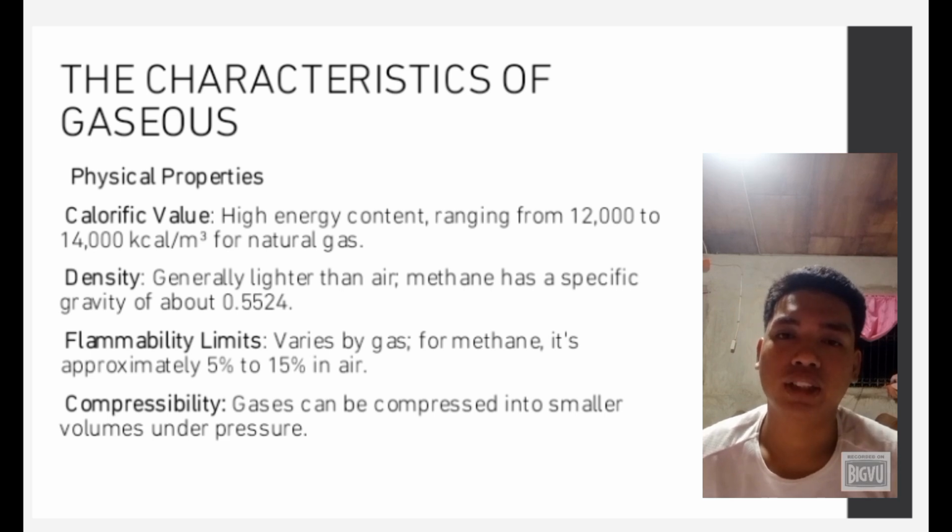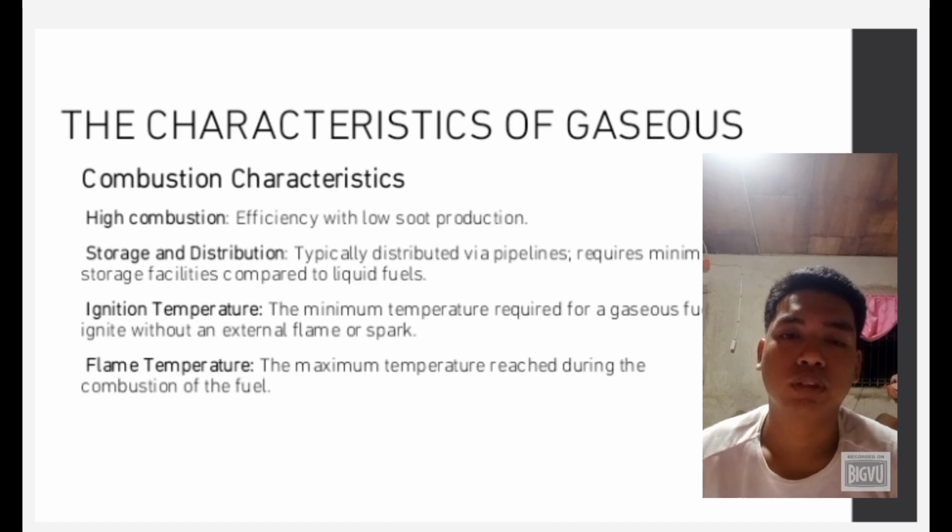Flammability limits vary by gas; for methane it is approximately 5 to 15% in air. Compressibility: gases can be compressed into smaller volumes under pressure.